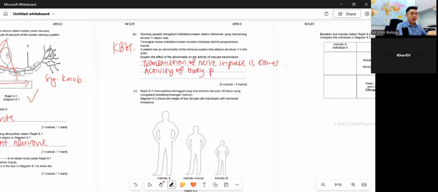And why is it because the myelin sheath, or Y, cannot function as an electric insulator.